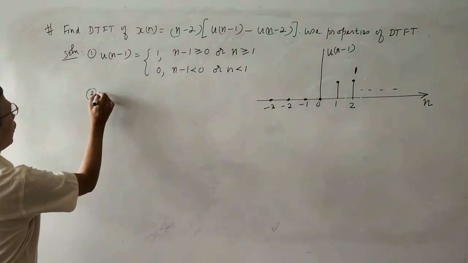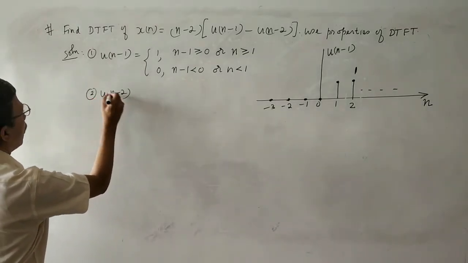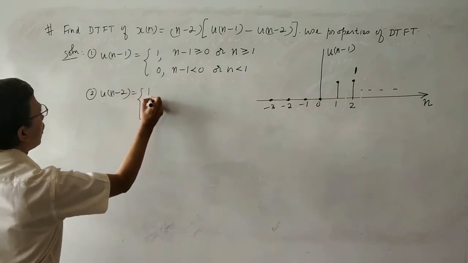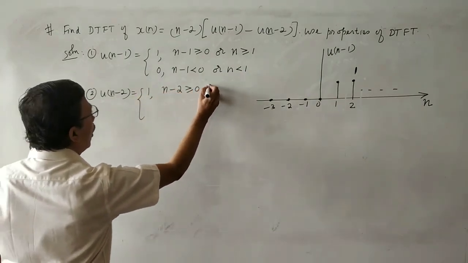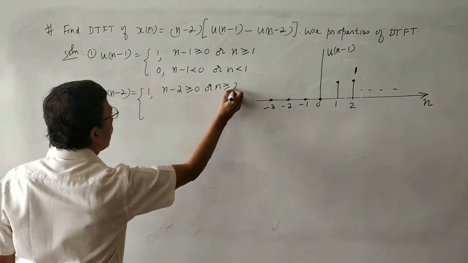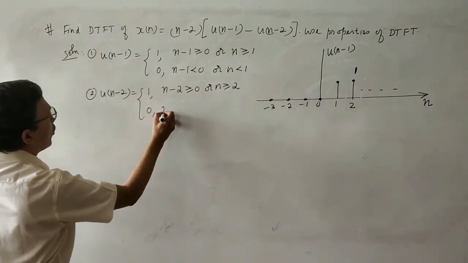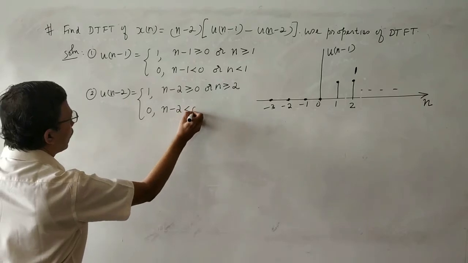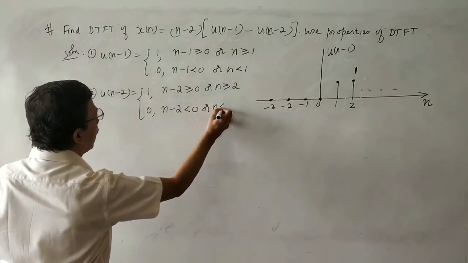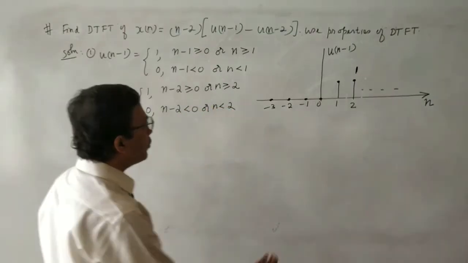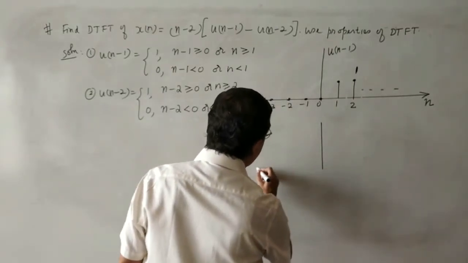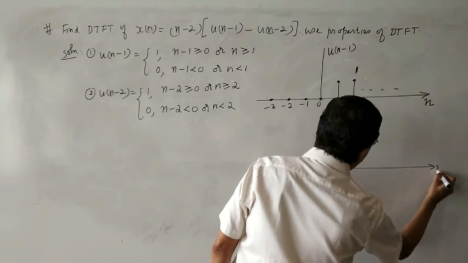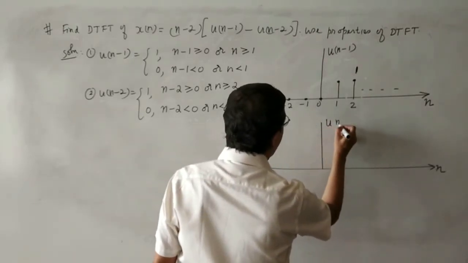What is u of n minus 2? U of n minus 2 is 1 for n minus 2 greater or equal to 0, or n greater or equal to 2, and 0 for n minus 2 less than 0, or n less than 2. I am going to sketch now u of n minus 2.